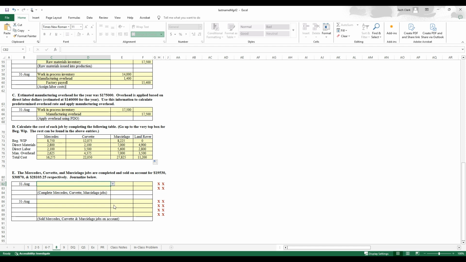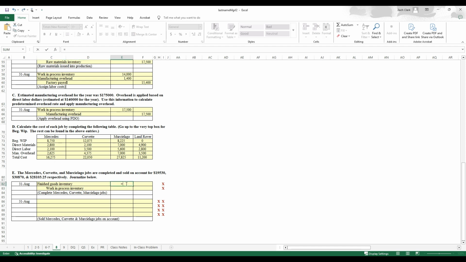Okay, finished goods then. So we're moving something into finished goods inventory, right? It's coming out of work in progress. So we know the totals there. And then we need to look above to see what our total costs are, right?